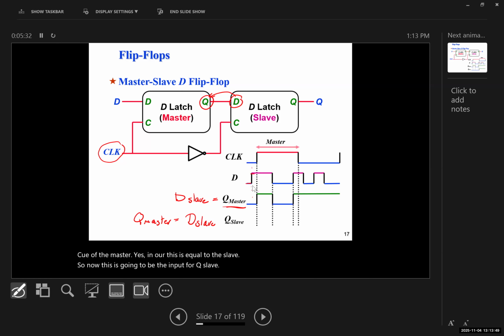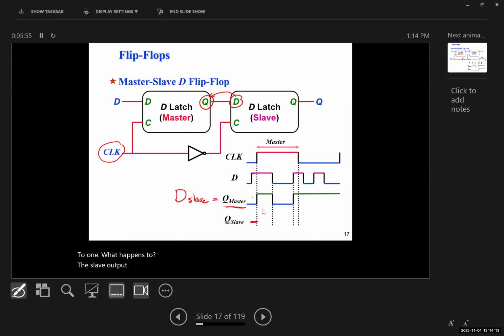Okay. Now let's follow the Q master and find the Q slave for that. Now the input for the slave has gone from 0 to 1. What happens to the slave output?